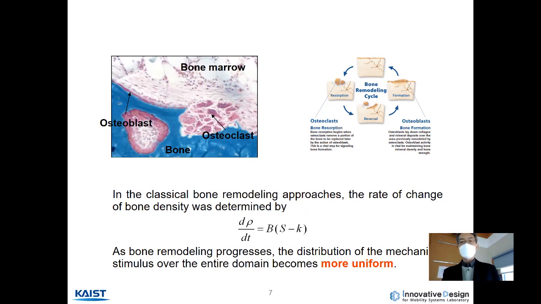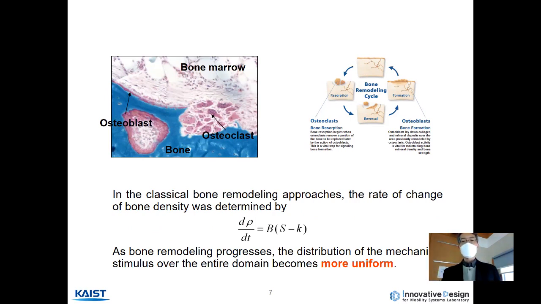In these equations, if we have a higher mechanical stimulus, so capital S is bigger than a certain reference value K, then we have increased mass.